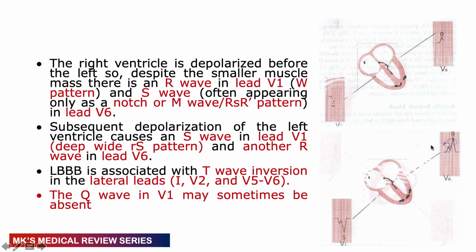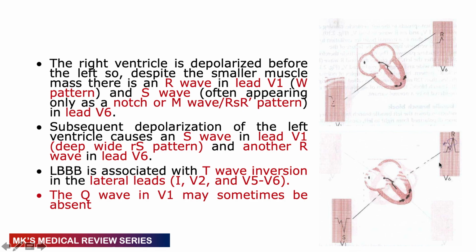So instead of seeing those rabbit ears that we talked about in the previous video in V1, you're going to see the rabbit ears appearing in V6. So as you can see, you have these rabbit ears. Sometimes you can just have a notching of V6, and then you know that this first wave is because of depolarization of the right ventricle, and the second wave is because of depolarization of the left ventricle.